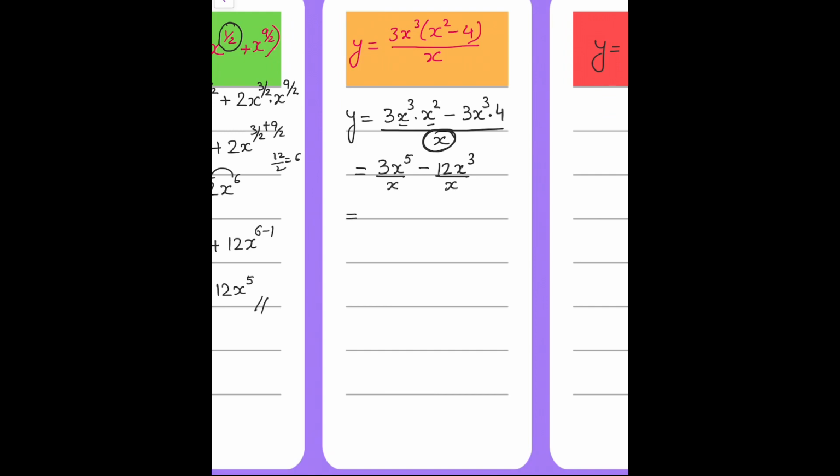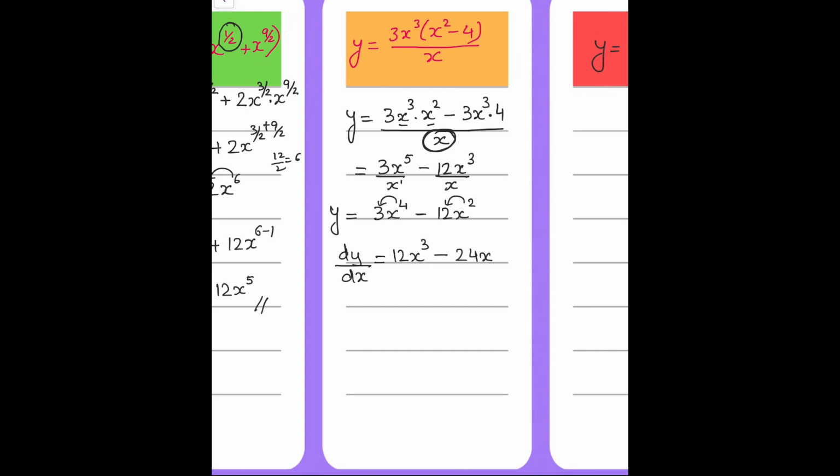So now that will become 3x to the power of 4, because when we have indices as division, we can subtract the powers, minus 12x to the power of 2, and that is our y now. So now we will do dy over dx, that is going to be 12x to the power of 3 minus 24x.